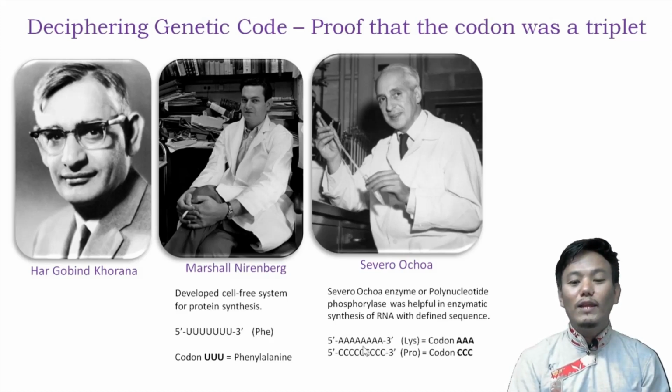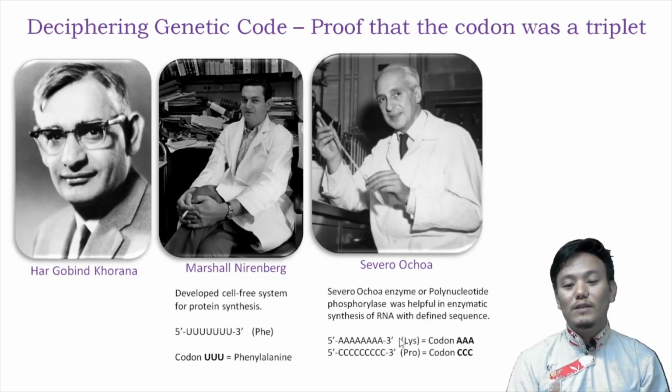So it is a polyadenine RNA. That was allowed to be translated into protein, and they observed that the protein contained only lysine, and therefore they concluded that for the lysine amino acid, the codon must be AAA.